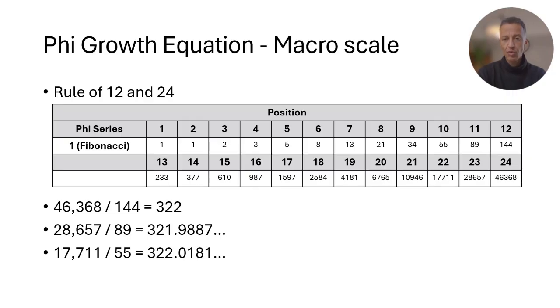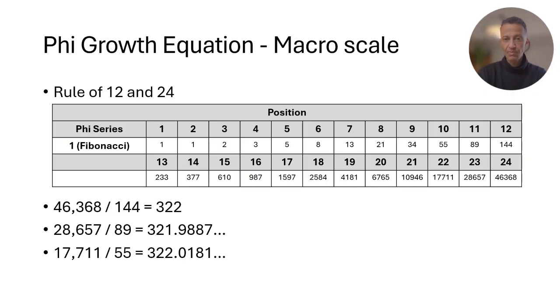So 12 and 24 are 12 positions apart. I decided to take a look at the 11th and 23rd position values. 28,657 divided by 89 equaled 321 and some decimal places, 9887 and so on. Not quite 322.